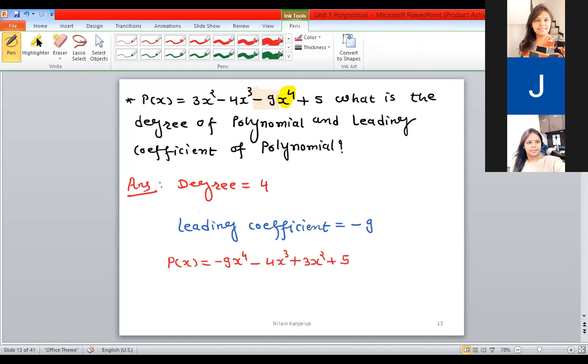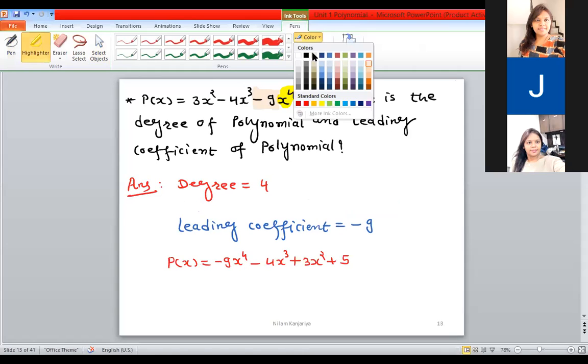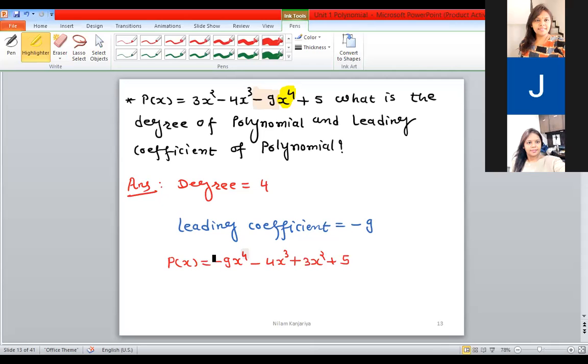This is the highest power, and your highest power is 4, and the leading coefficient is minus 9. Clear, students? Okay, understand? Good.